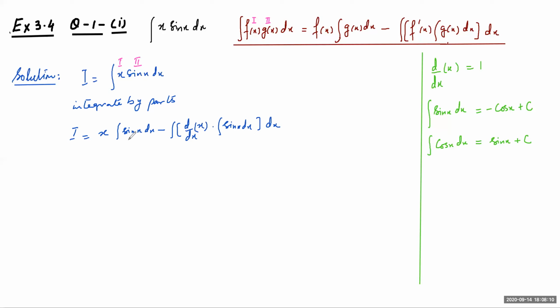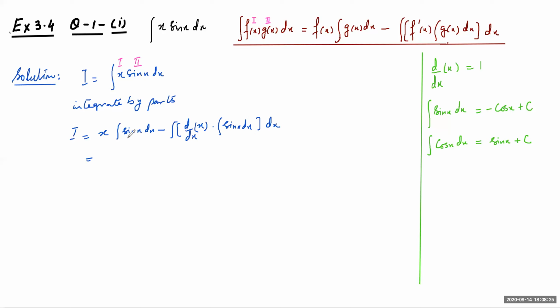First function constant, integral of second, minus integral derivative of first function into the same integral. You can see the same integral. Then we close the bracket, and for this integral sign we put a dx here.